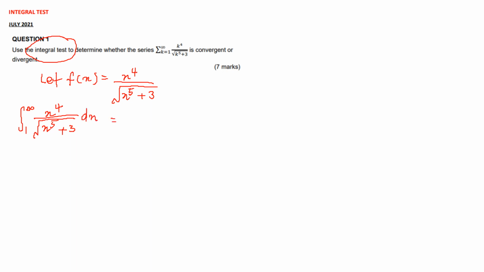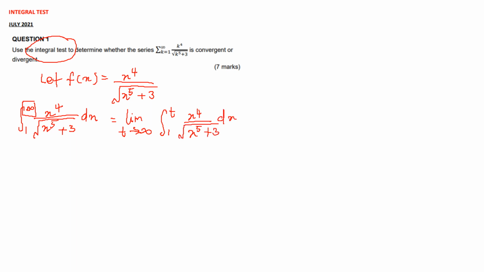And then to integrate, you have to put limit t approaching infinity. We use t for this one. Limit t approaching infinity, 1 until t, x power of 4 over x power of 5 plus 3 with respect to dx.